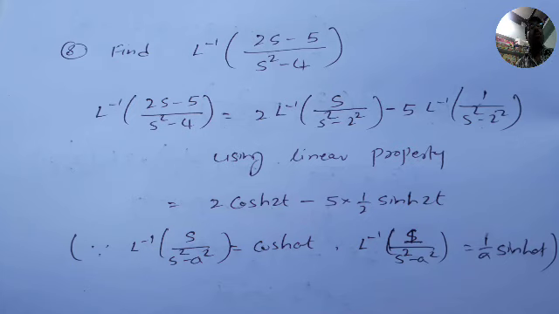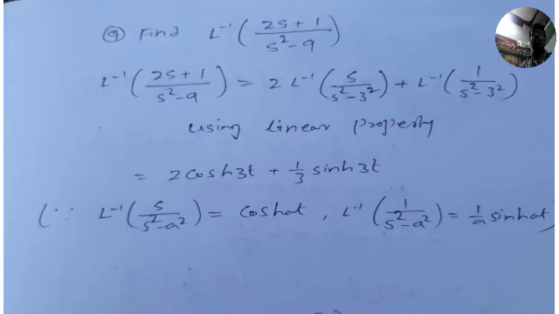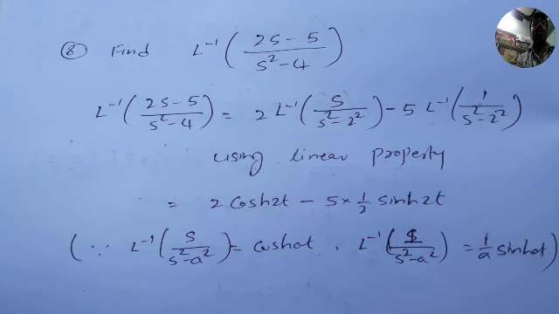Now the next problem. Very similar question. This is the 9th question: find L inverse of 2s plus 1 by s square minus 9. Very similar to the 8th question. This is the 8th question you are having. Very similar problem is given in the 9th.